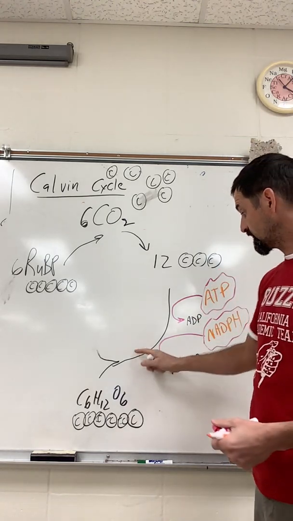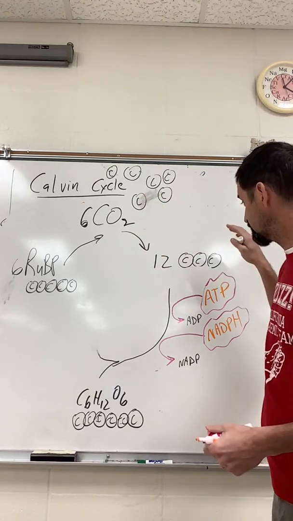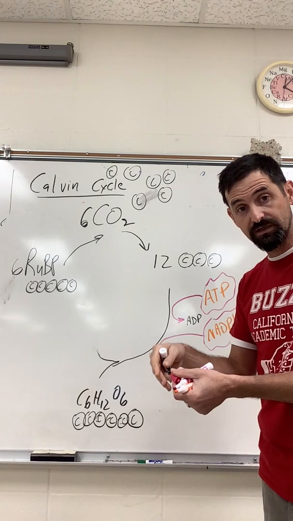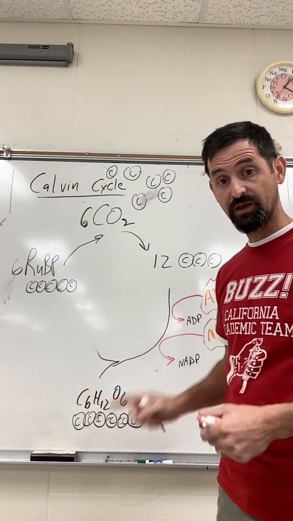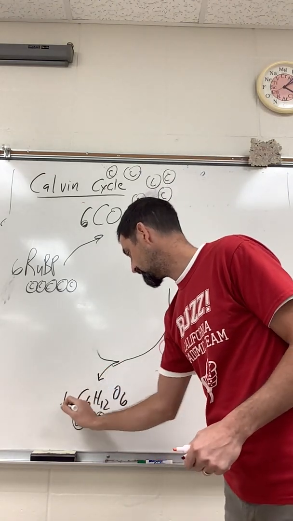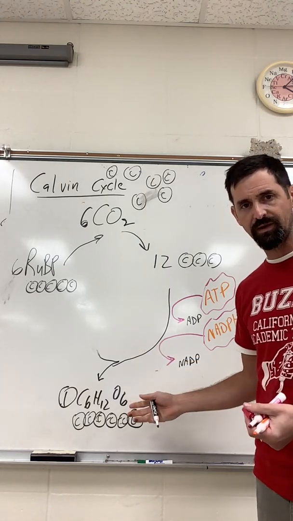Okay, so we put in our 6 individual carbons. We bonded those to some of these molecules. We put our energy into those molecules and we rearranged them to form glucose. But we're still not done because we only formed 1 molecule of glucose. That leaves us some other carbon compounds.